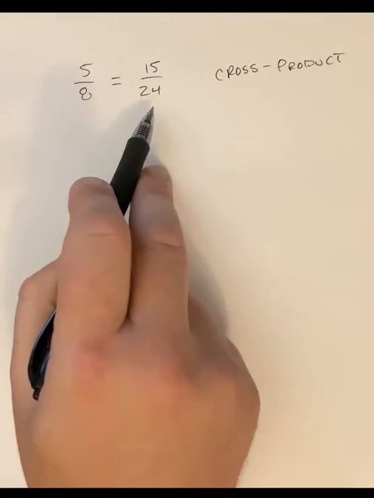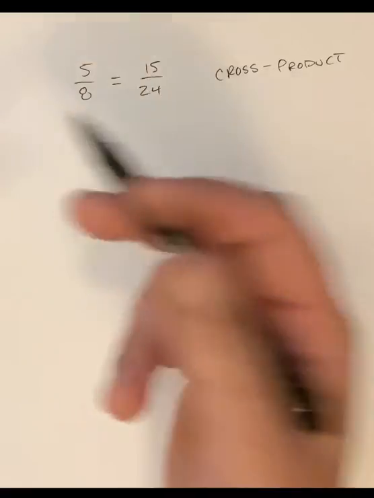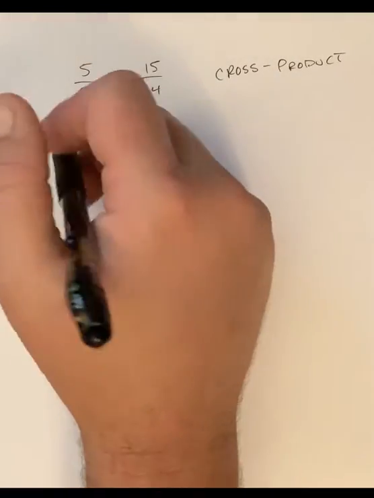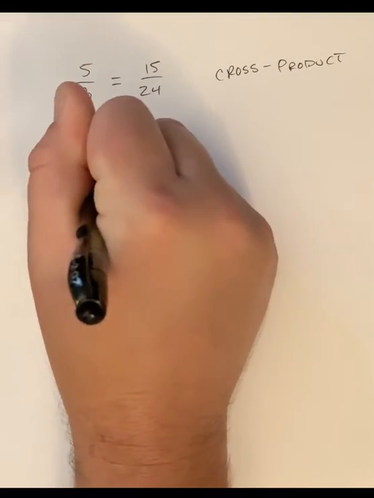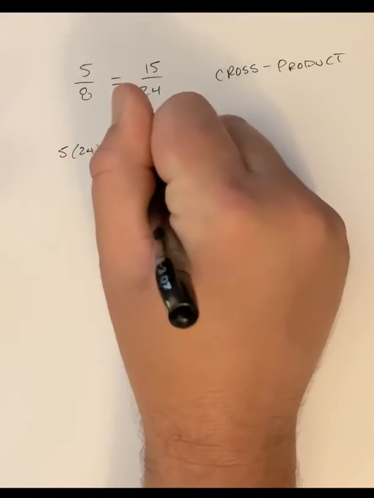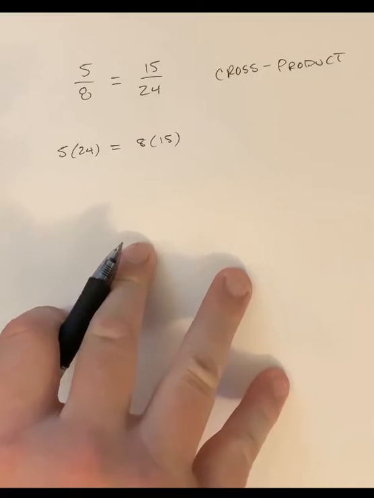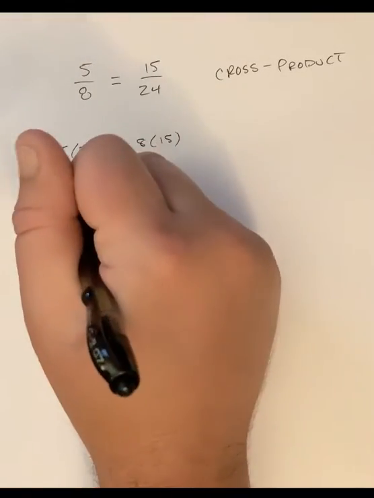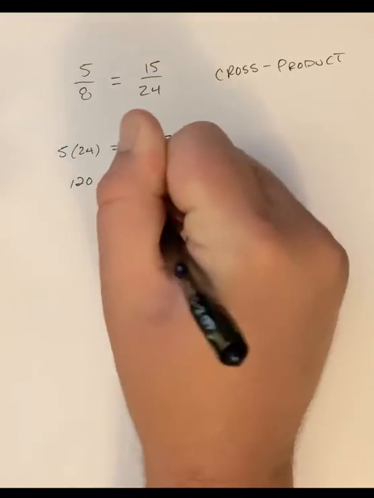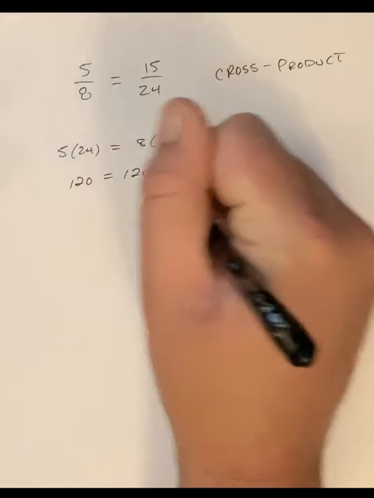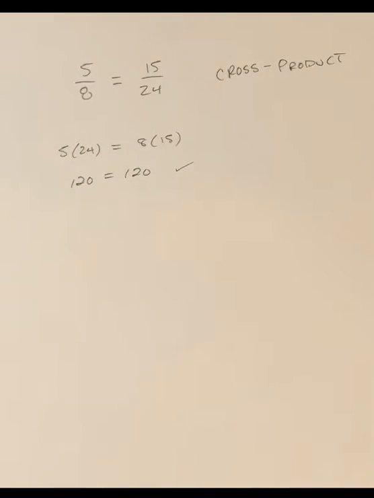By multiplying across, if we get the same answer, then those fractions are equal to each other. So if you multiplied 5 times 24, would that equal 8 times 15? And if you get out your calculator real quick, you can end up seeing that 120 is equal to 120. So the theory works, is I guess what I'm getting at.